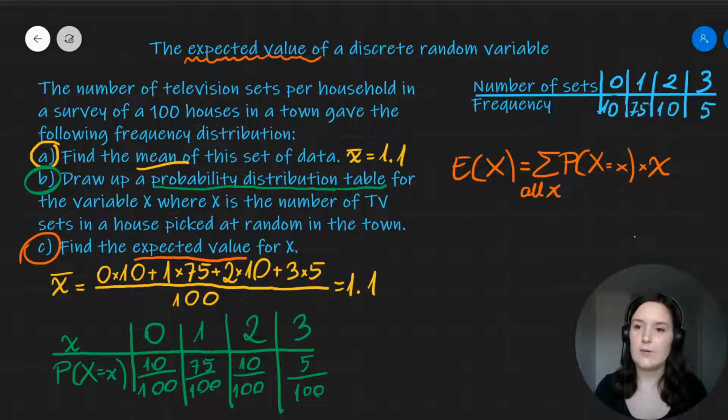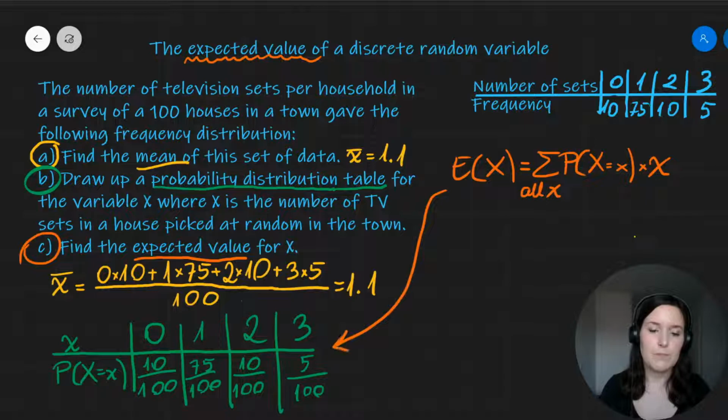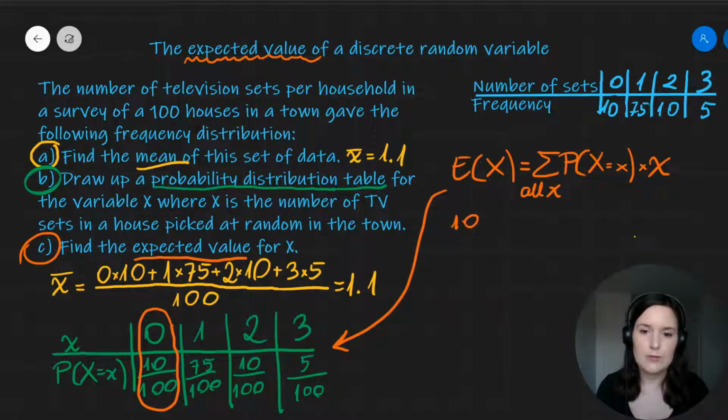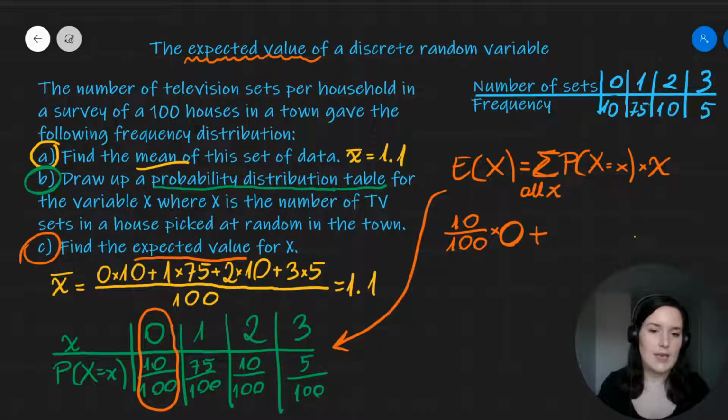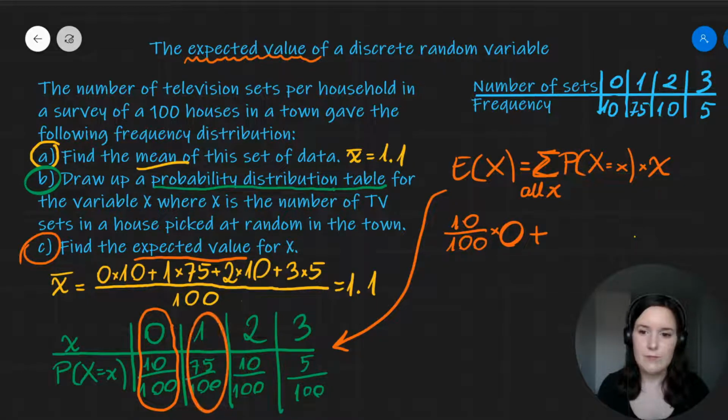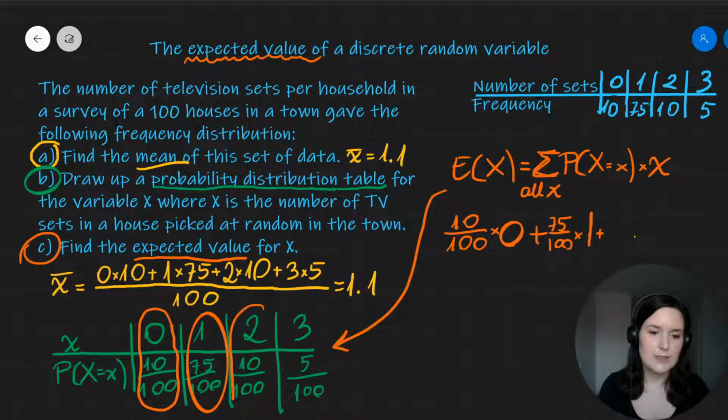So now I have to base it on the probability distribution. I take the first one and I can see that in 10 out of 100, that's the chance of getting 0 TVs. Plus, it's a sum. In 75 of 100, I would expect 1 TV, plus the next one.